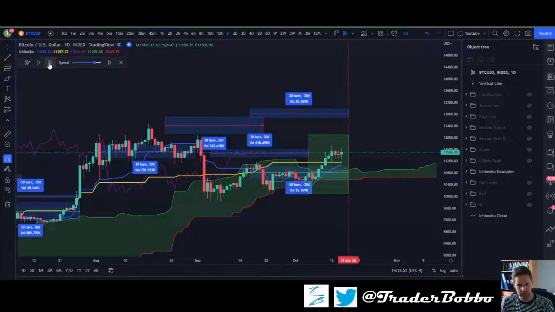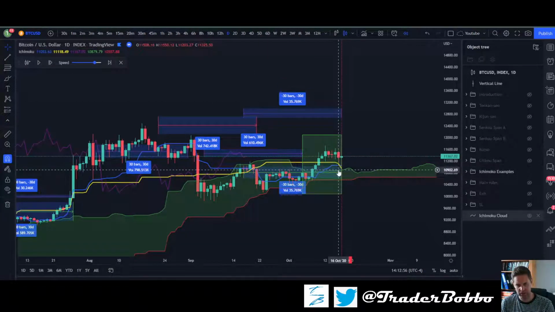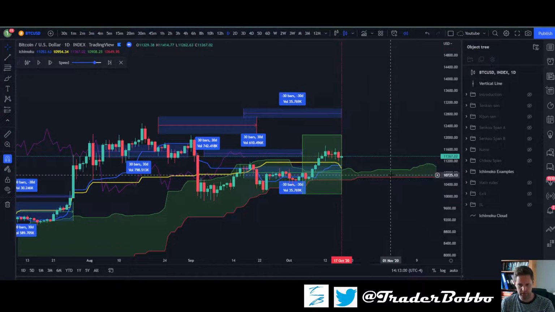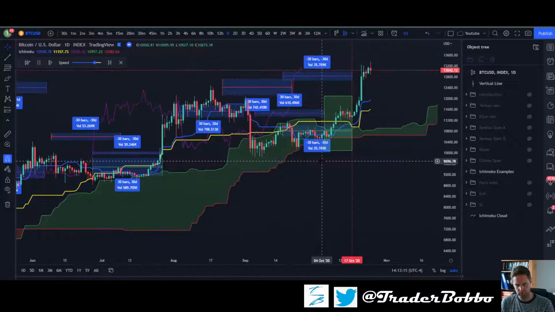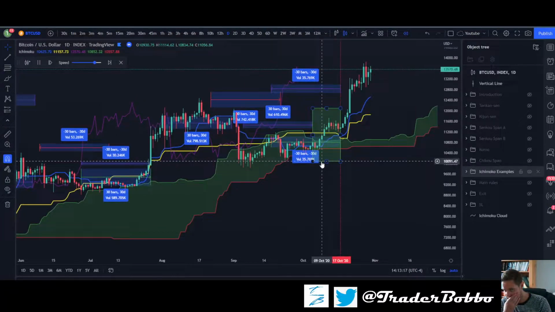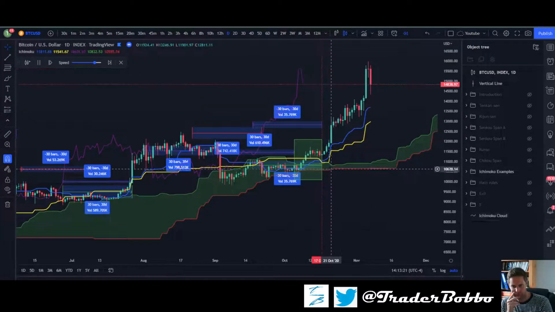Let me just knock it forward a couple. You've got a bullish TK cross, close above cloud, still a bullish cloud, Chikou above. You've got all the ticks you need at this point here, and we'll just play it and watch the beauty of the bull run from October 2020.